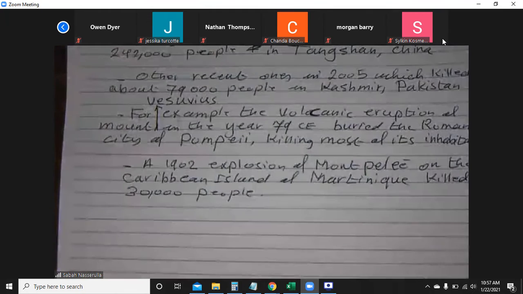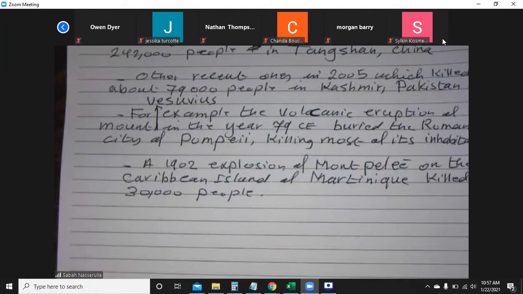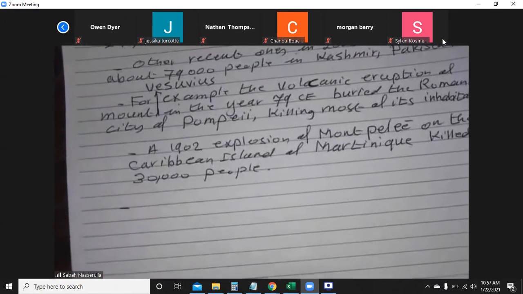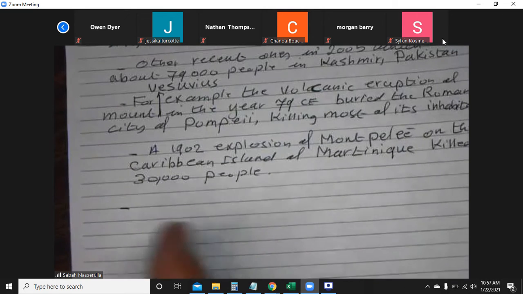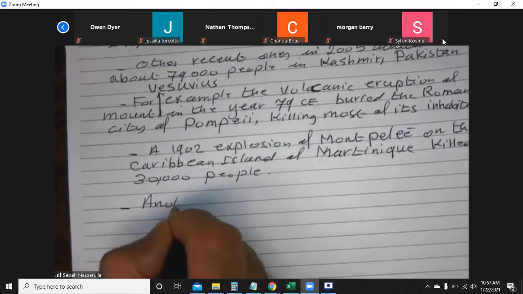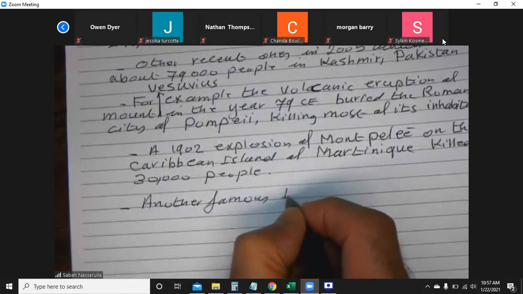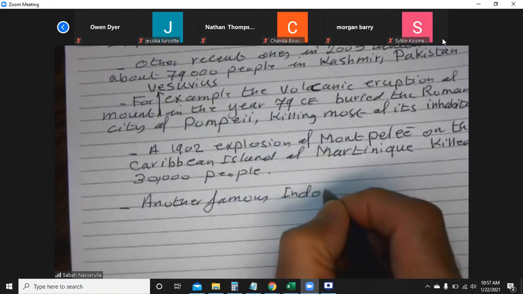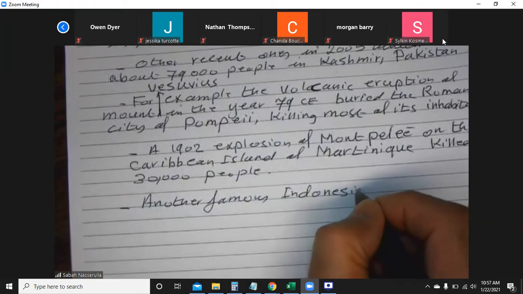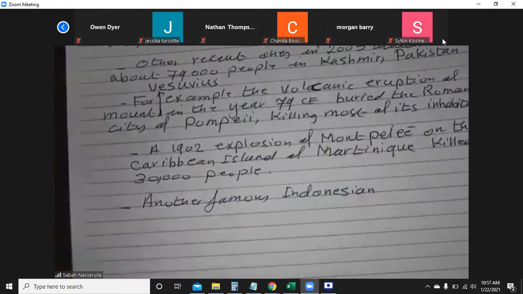And also we have one which is very well known in history, which occurred in 1883 on one of the islands in Indonesia. Just to give you another example, another famous Indonesian eruption, because that eruption also caused a kind of tsunami.